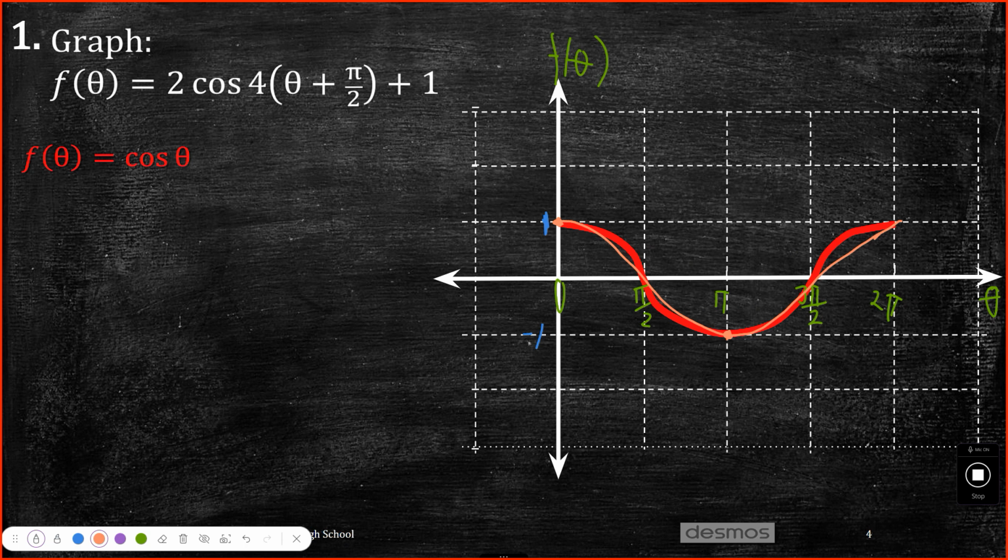Okay, so you're not going to mess it up or draw it wrong if you do these transformations from left to right. The first transformation is this number 2, which is going to do what, everybody? What is it called? Vertical stretch by a factor of 2.